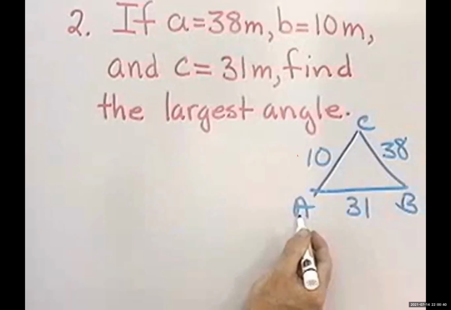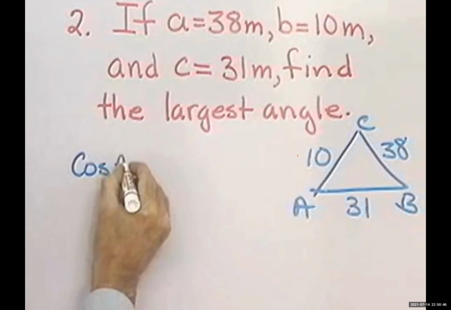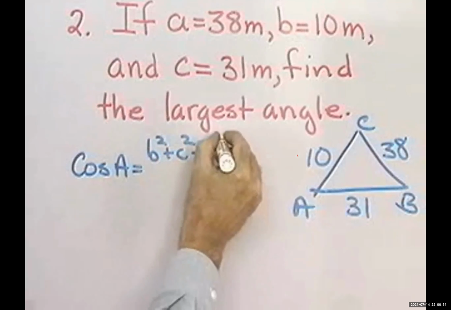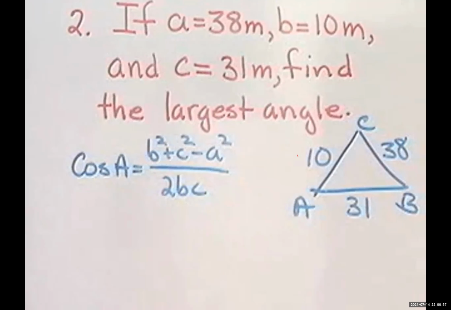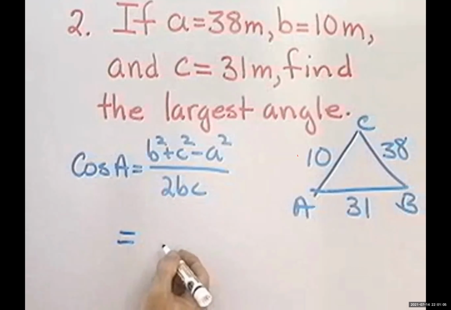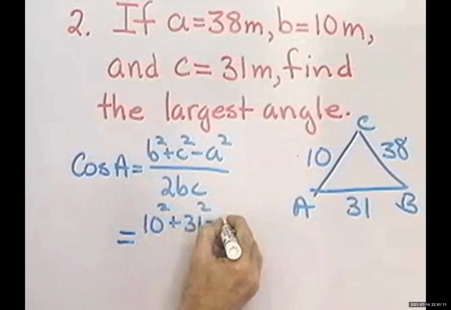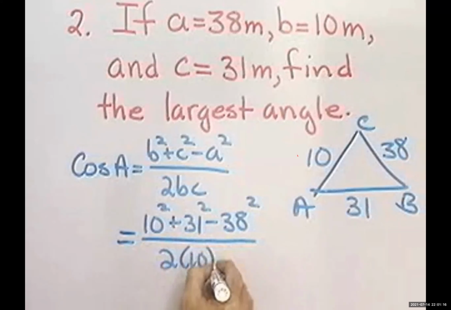So I'm going to solve for angle A first using the law of cosines, and the law of cosines tells me this. Cosine of angle A will be B squared plus C squared minus A squared, all divided by 2BC. So I can write the law of cosines that way to solve for angle A. Let's substitute in now, and I'll have 10 squared plus 31 squared minus 38 squared, all divided by 2 times 10 times 31.